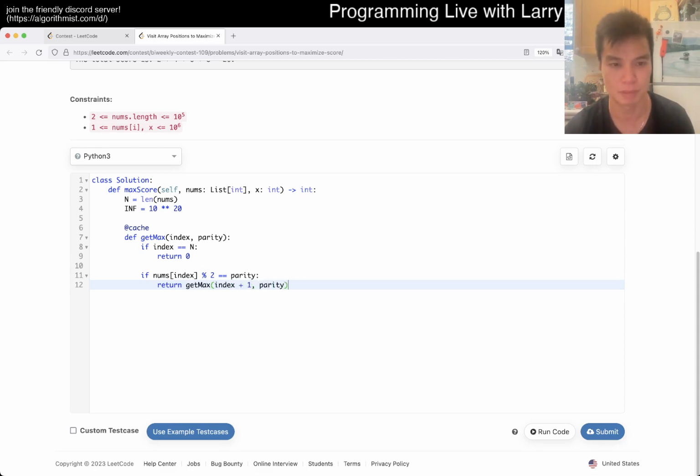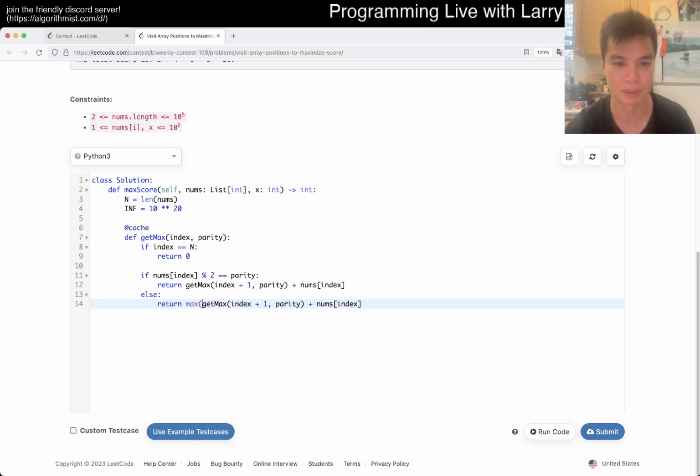So same parity, we will take it. Ticking it will always be positive, I guess. Otherwise, if it's not, then we can either tick it or not tick it, so we keep the same old parity.